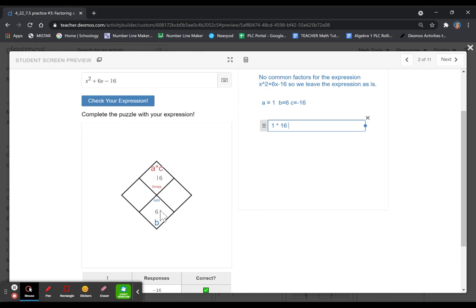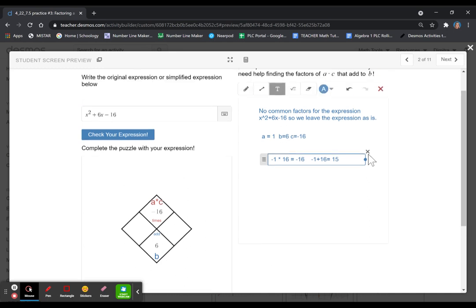And because the B value is positive, we want the bigger number to be positive. So we're going to have negative 1 times 16 is equal to negative 16. Now let's see if we add these together if we get 6. Negative 1 plus 16 is equal to 15. So we don't get 6. So this factor pair does not work.